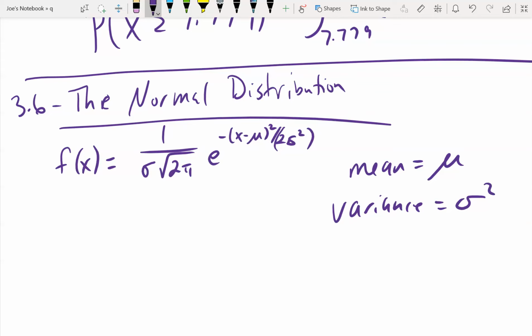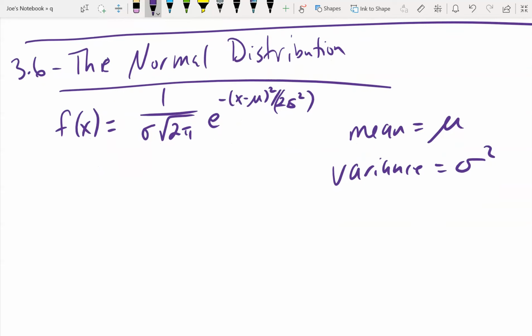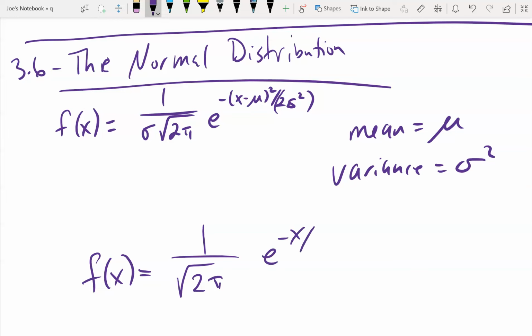The idea behind this distribution: ignore the mu, ignore the sigma squared. If I just look at this particular function, I'm not as worried about the constant out in front.